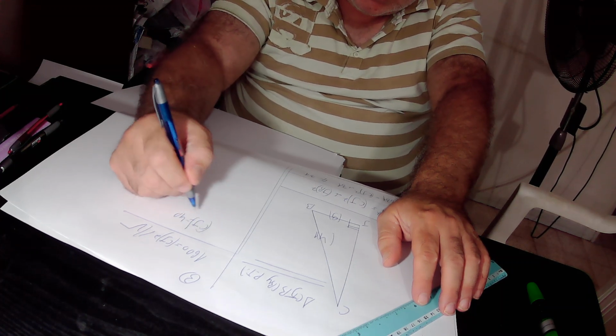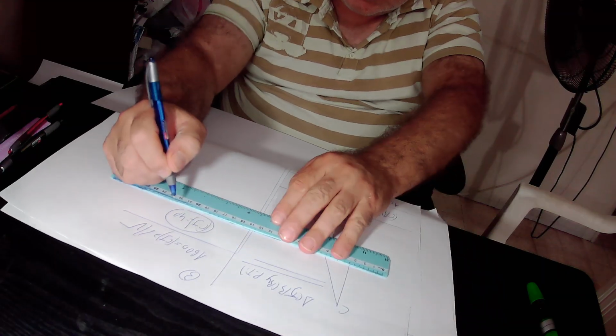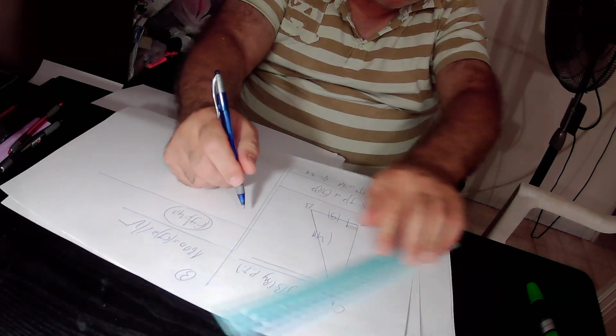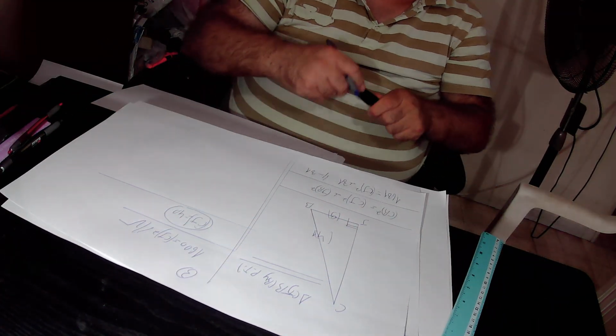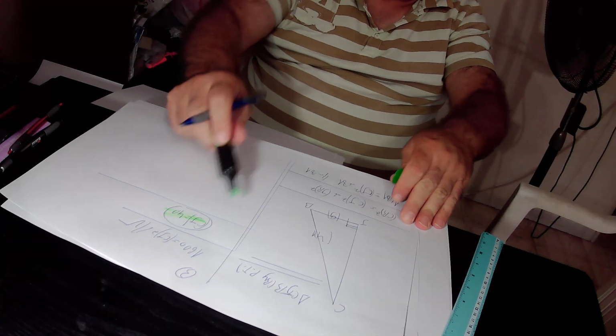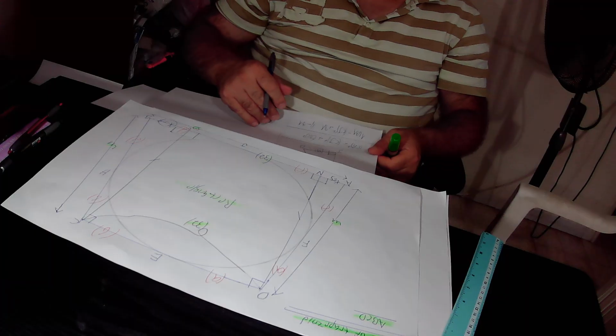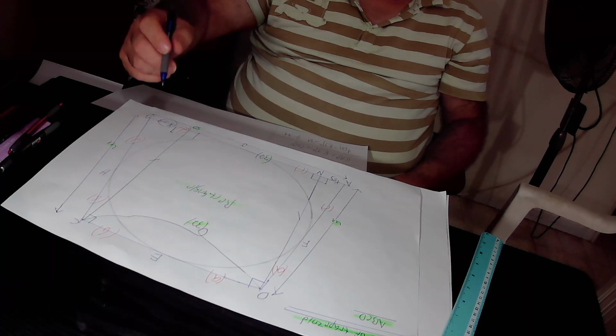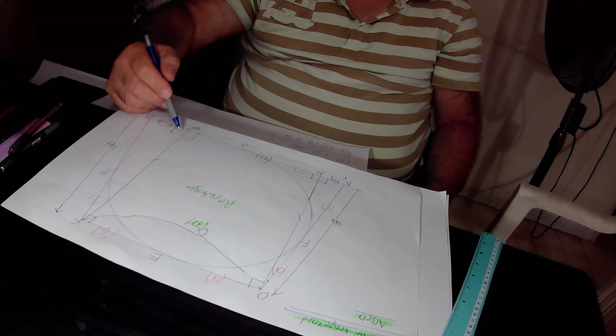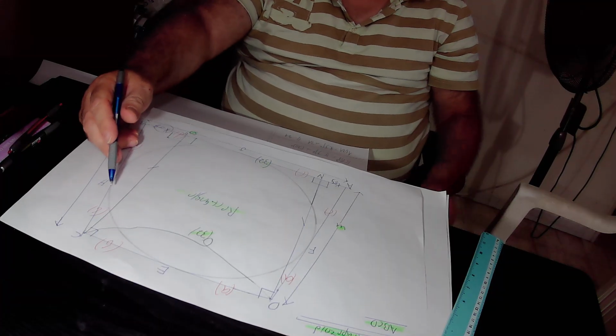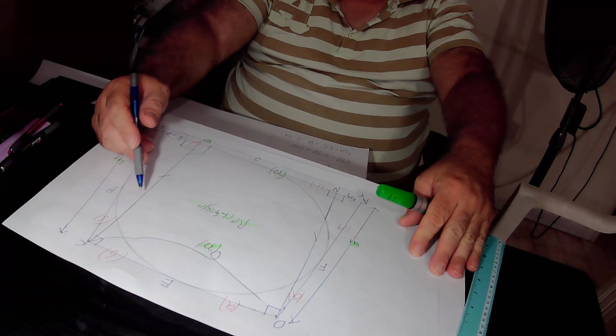So CJ equals to 40 units in its name. This is side CJ, this is equal to 40 units in its name.